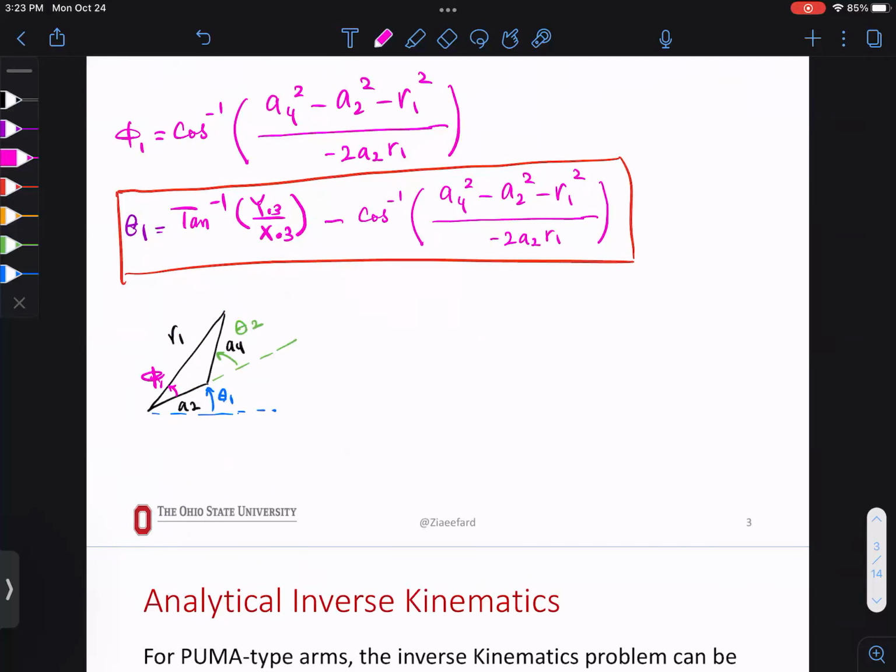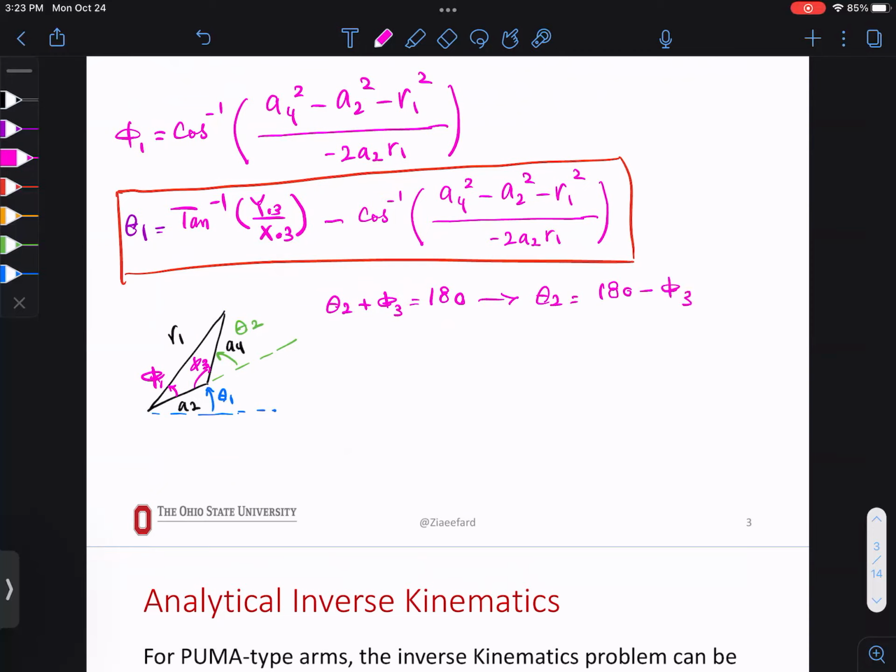Call it phi 3. Yes, phi 3, we can find the constant straight angle. Exactly. So I know that theta 2 plus that phi 3 is going to be 180, right? So theta 2 is going to be 180 minus phi 3.